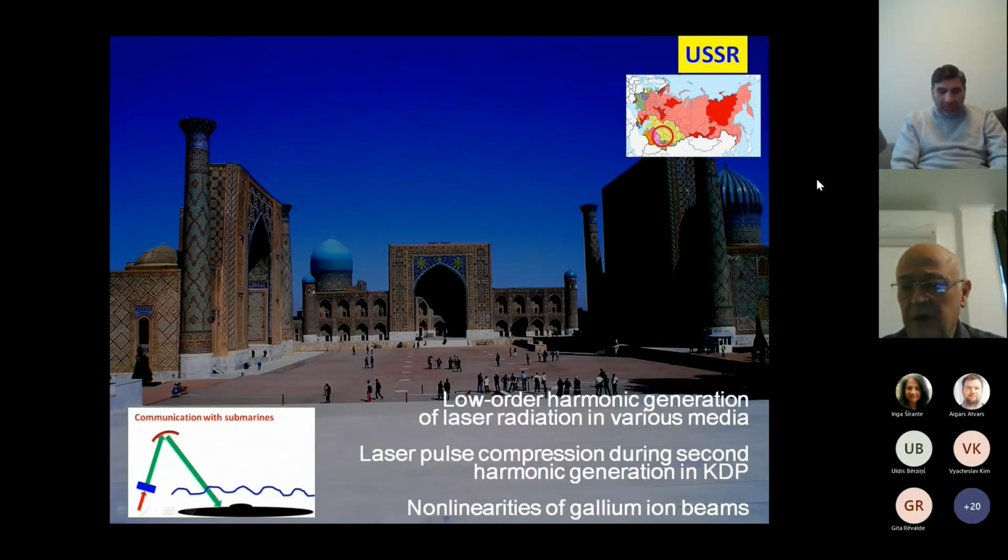Other fields are related to nonlinear compression of laser pulses in nonlinear crystals, and I demonstrated laser pulse compression during second harmonic generation in KDP. The third field is analysis of the third-order nonlinearities of some metallic ion beams like the gallium ion beam.